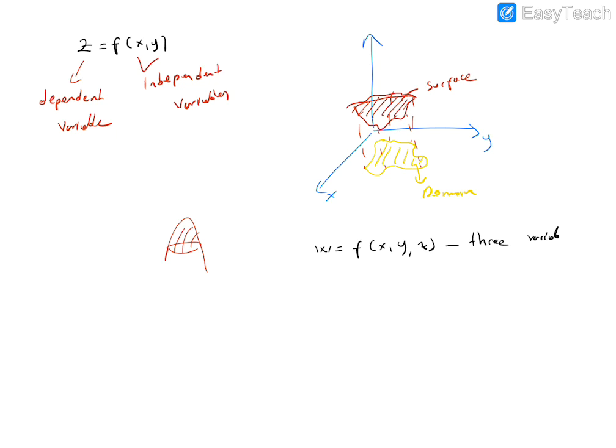And also you can write a four variable function u equals f of w x y z. Okay, this is a four variable function, but you will not focus on these functions in this course.